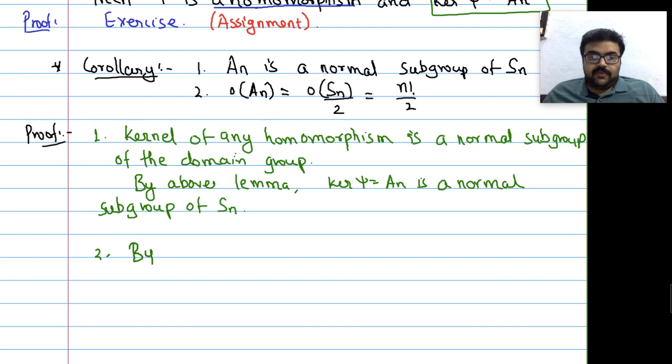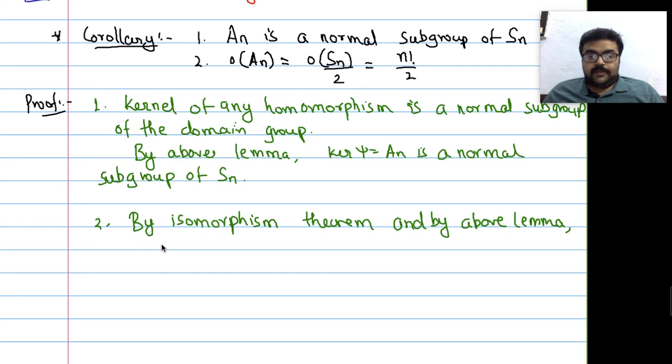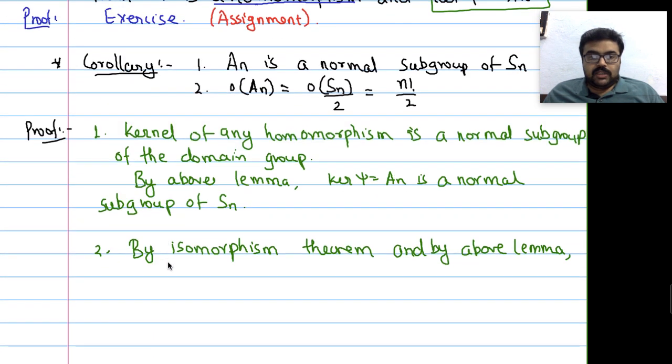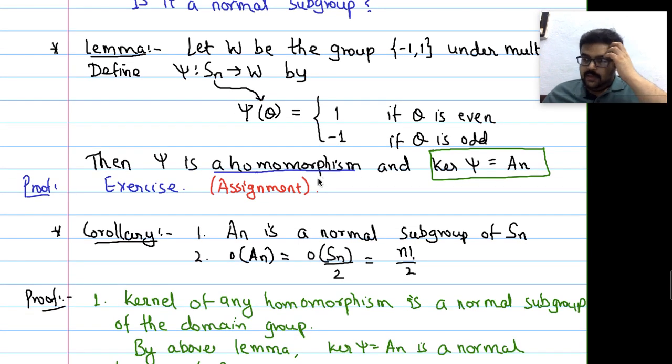So by the first isomorphism theorem and the above lemma, if we combine these two together, then G quotient kernel of psi, where G is Sn, Sn quotient kernel of psi is isomorphic to the image of psi. Psi is onto. 1 is there, minus 1 is also there: even and odd permutations.